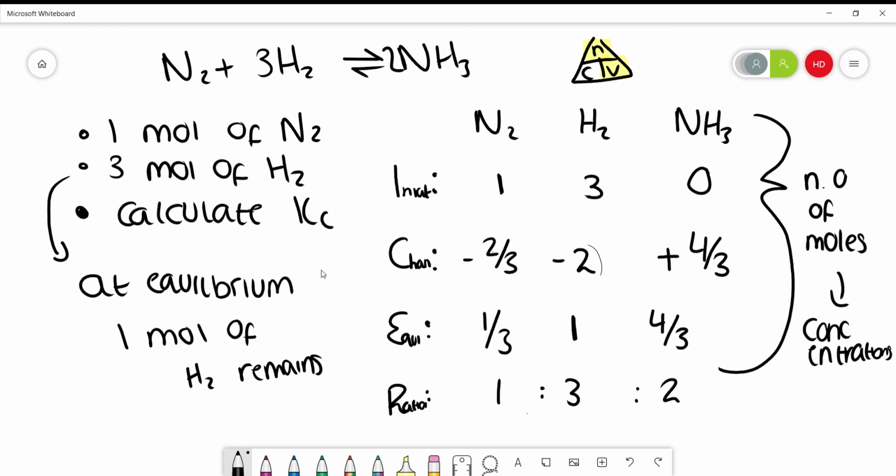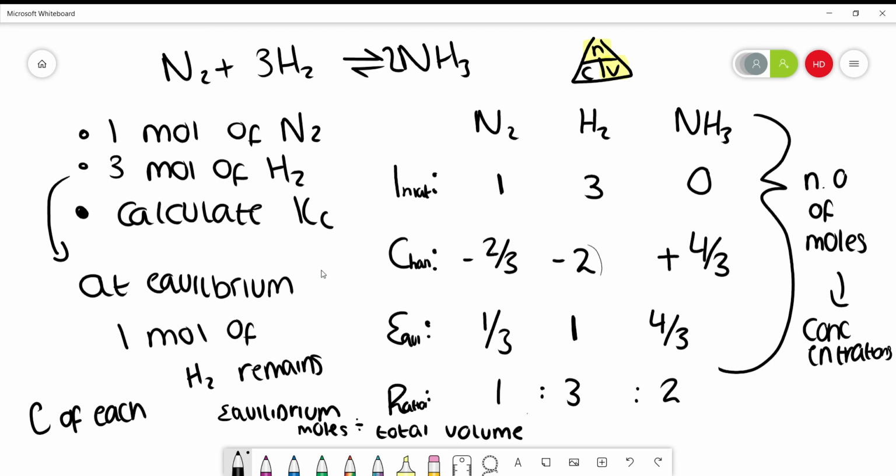So to work out the concentration of each species, you divide the equilibrium moles by the total volume, and then you place the entire thing into your Kc expression.